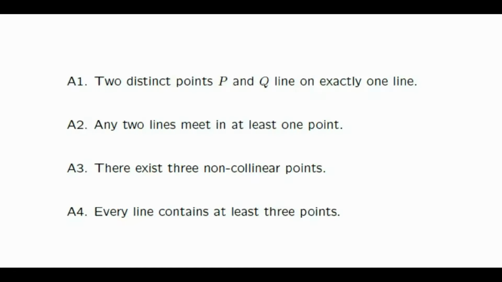And there exist non-collinear points, okay? So this is maybe a funny sounding one. The reason why we have this one in is because people look at discrete versions of projective geometry. So far we've just been talking about versions in the continuum, where we have a whole plane, infinite number of points, infinite number of lines, lots of freedom.